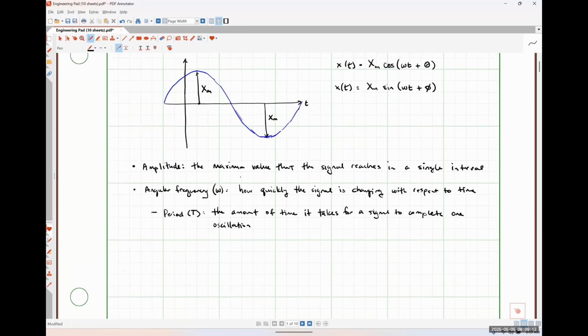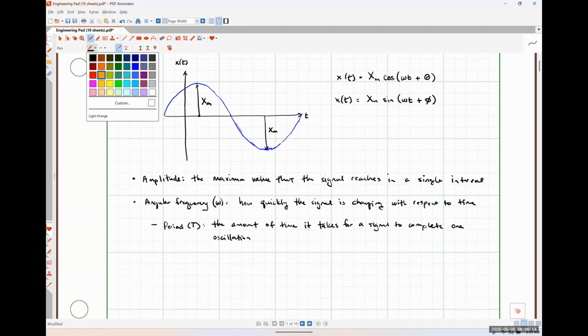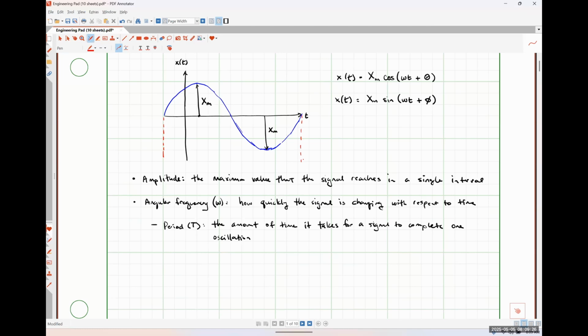So for us, that period would be something like this. We're starting at 0 at whatever point in time this is. We're ending at 0 at whatever point in time this is. So the distance between when our signal effectively starts over is our period T.